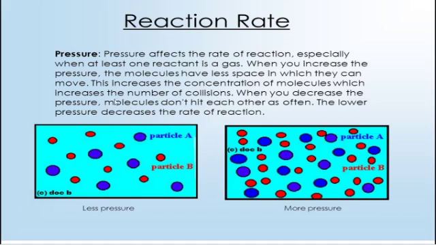When you decrease the pressure, molecules don't hit each other as often. The lower pressure decreases the rate of the reaction. So when the pressure is increased, the rate of the reaction is also increased.